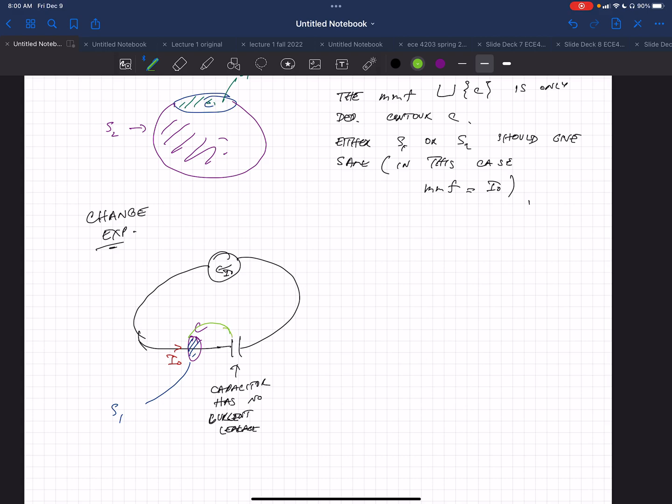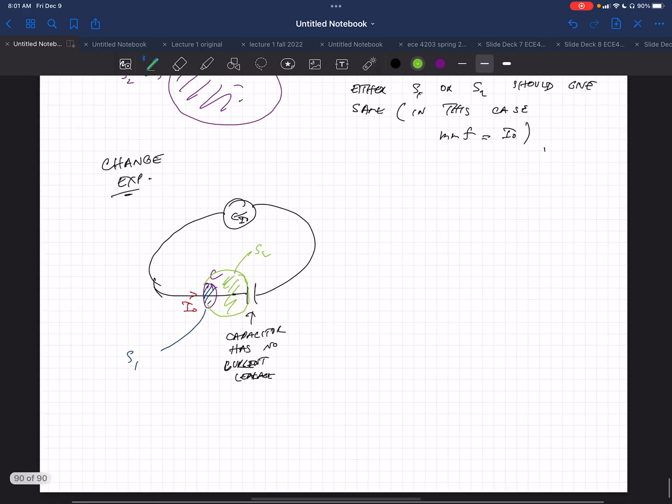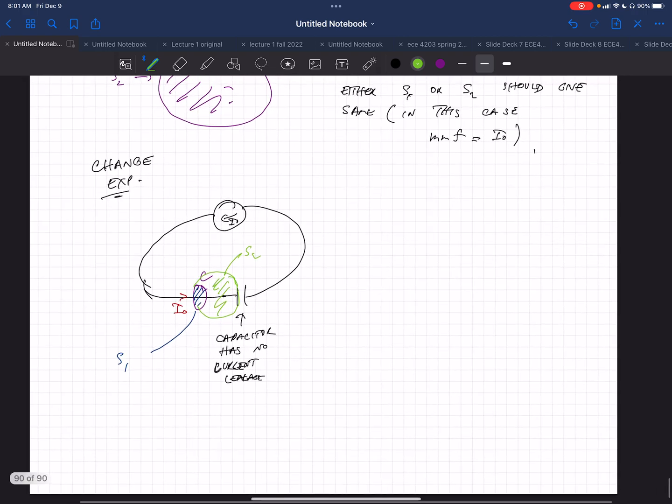But now let's say this S2 encloses just the top half of this capacitor.